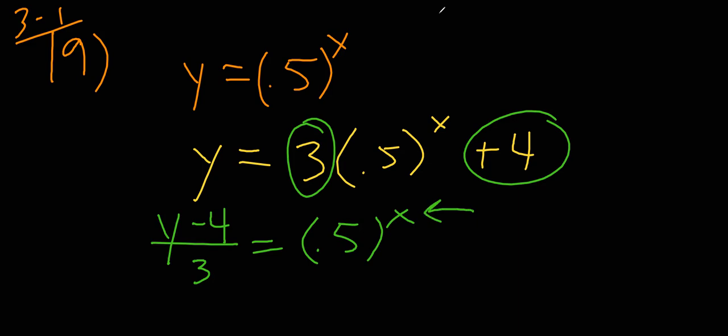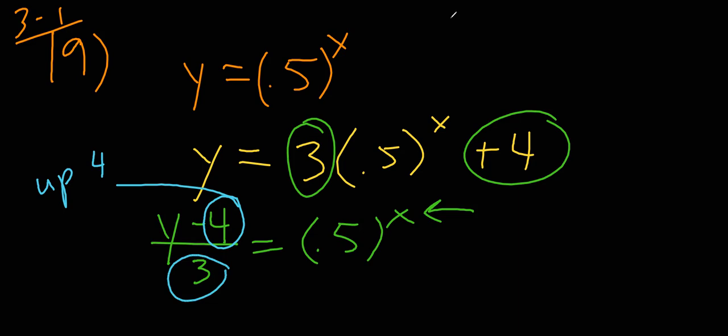No. There's no changes on the x. We're not going left or right. We're not horizontally stretching or shrinking. There are no reflections across the y-axis. What are the only things that you see here?